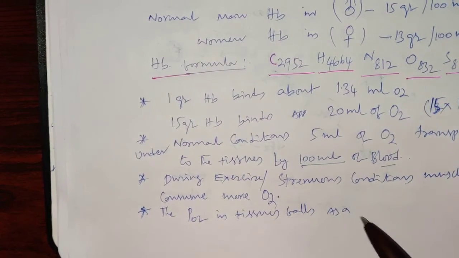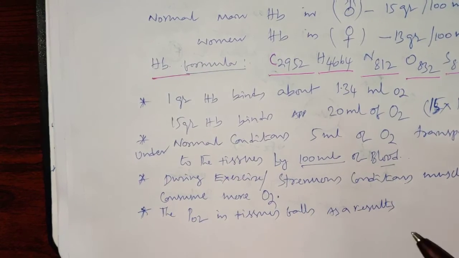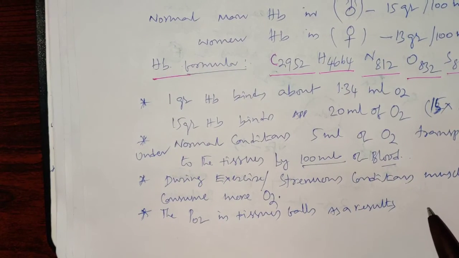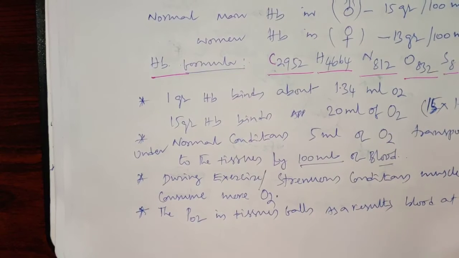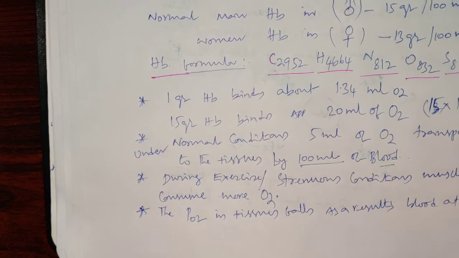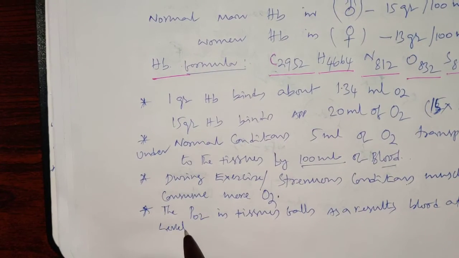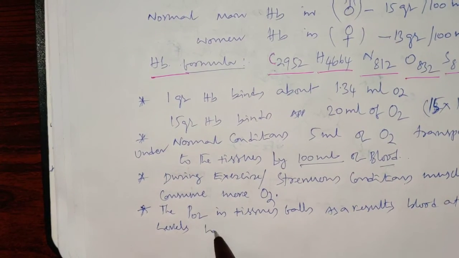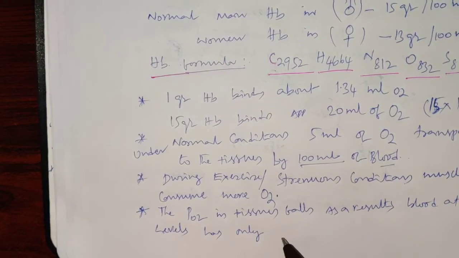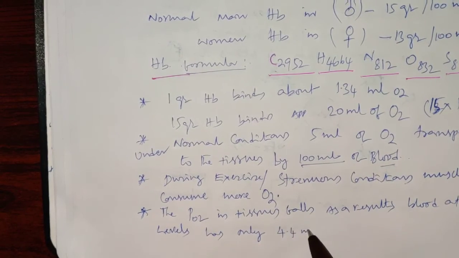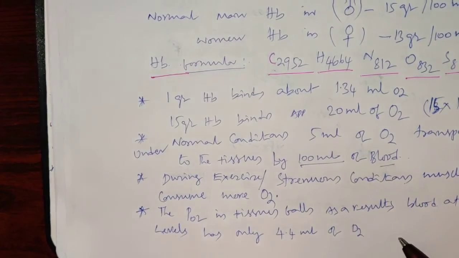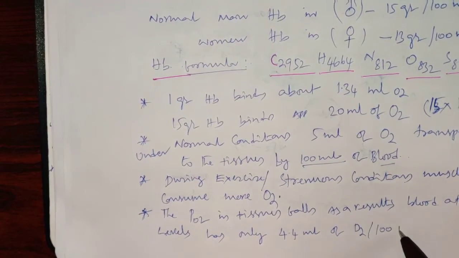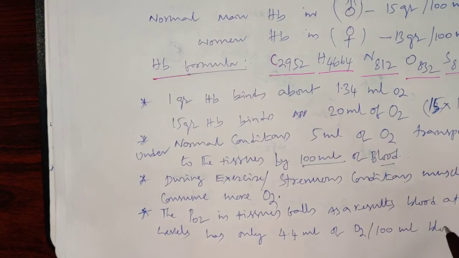As a result, the blood at tissue level has only 4.4 ml of oxygen per 100 ml of blood.